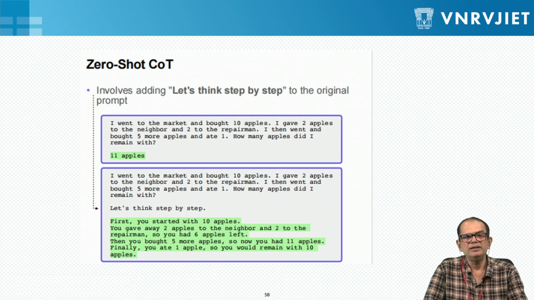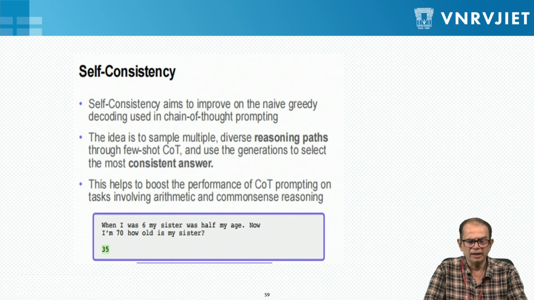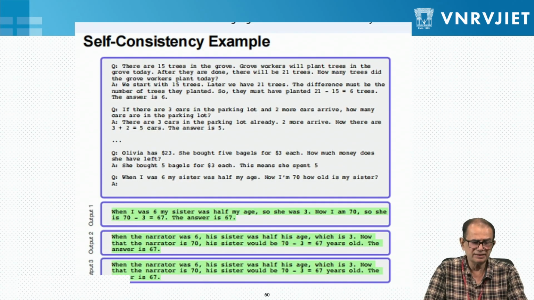Okay, in zero shot, for example, I do not give any examples, and it basically does the zero shot chain of thought. Okay, I can also do self consistency.